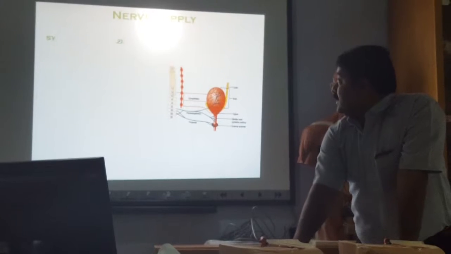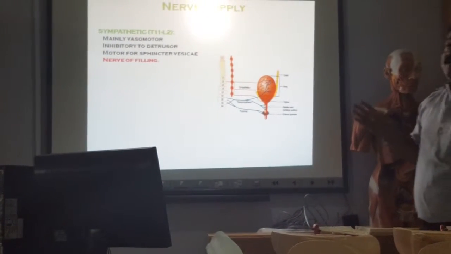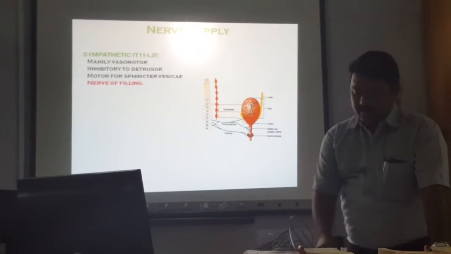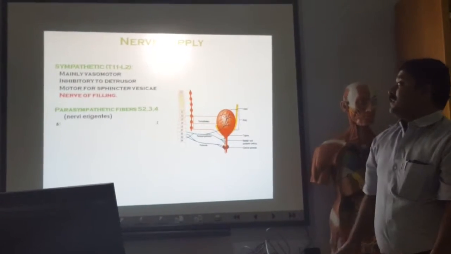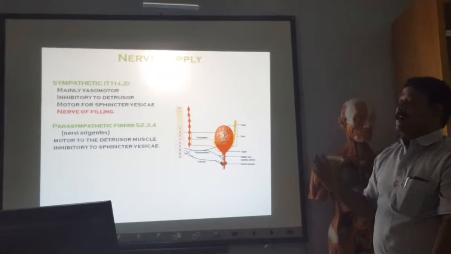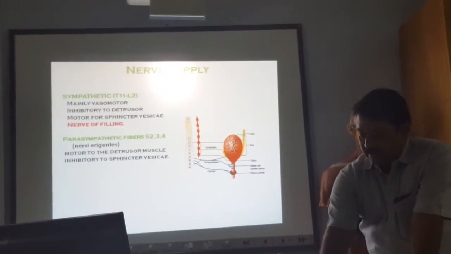Next is the nerve supply. The sympathetic supply from T11 to L2 is the nerve of filling. Next is parasympathetic fibers from S2 to S4, so it is the nerve of emptying.